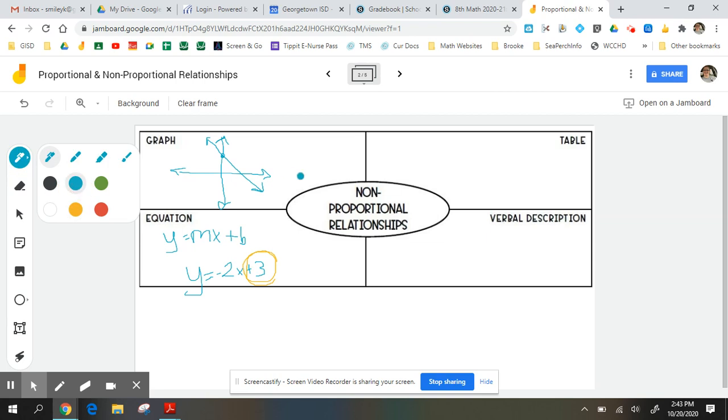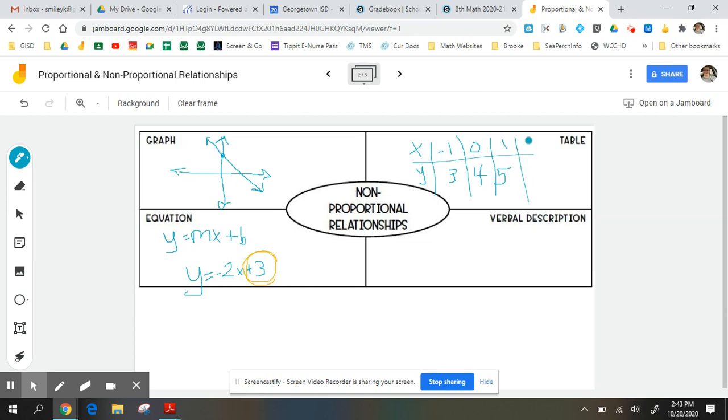So for the table of values, let's do one where it's kind of sideways. We did one as an example on the other one where it was an up and down table. On this one, maybe it's -1, 3, 0, 4, 1, 5, and so on. You do 2, 6. If you notice, again, when x is 0, that is your y-intercept. So it actually has a number there.